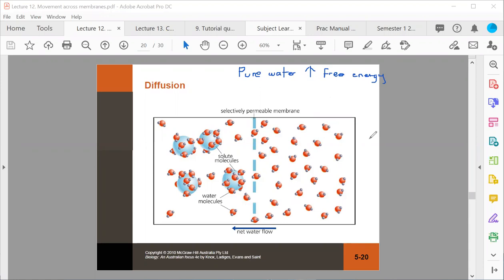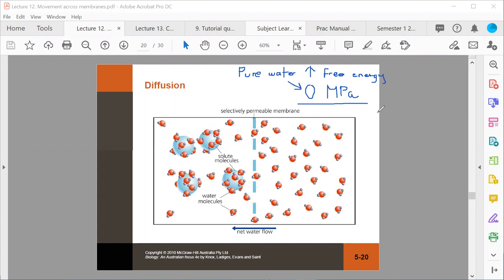So those water molecules have the maximum amount of movement that you would expect. And this is given a value. It's set at 0 megapascals. That is the highest amount of free energy, set at 0 megapascals.